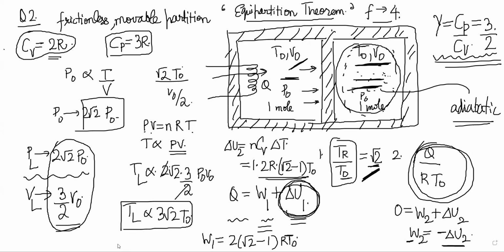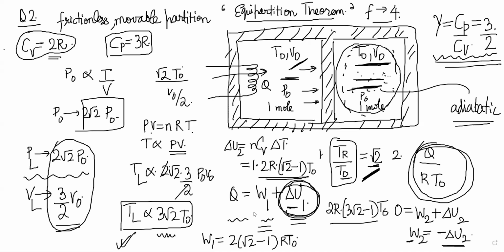Do you understand what I'm saying? So now we know the final temperature is 3 root 2 times initial, right? Now we can do directly delta U1. CV is 2R, and it is 3 root 2 minus 1 T naught, right? So you are getting this term as the internal energy change.